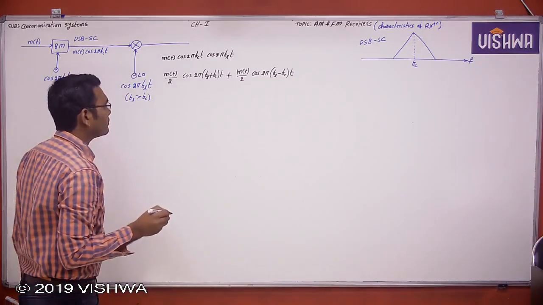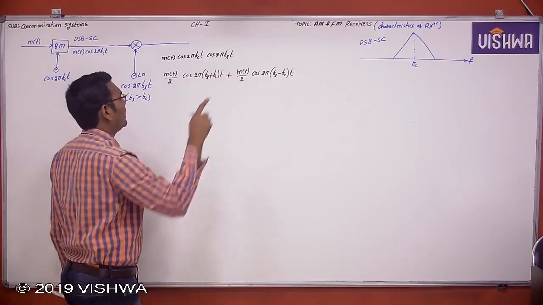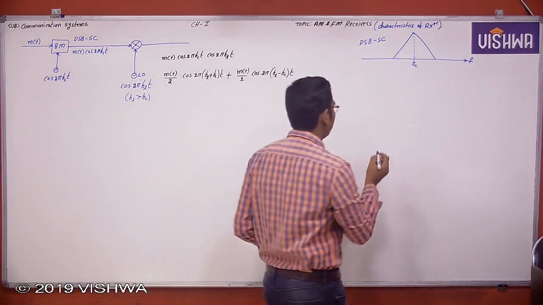Now see here, this is fl plus fc. It has the same m of t spectrum, M of f, and the carrier frequency is fl plus fc.